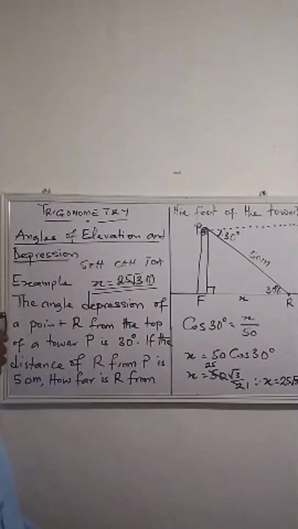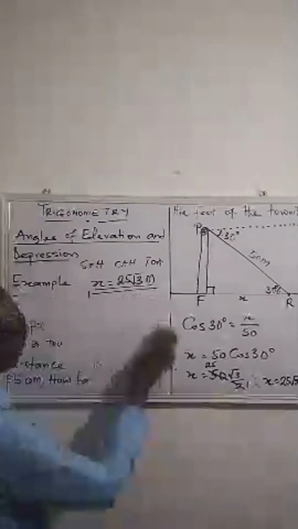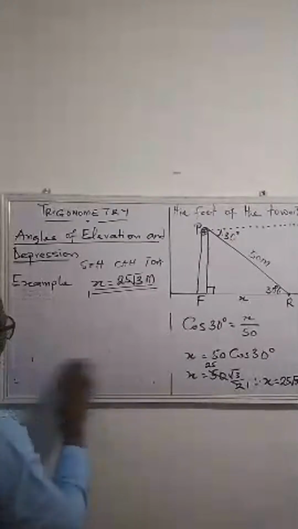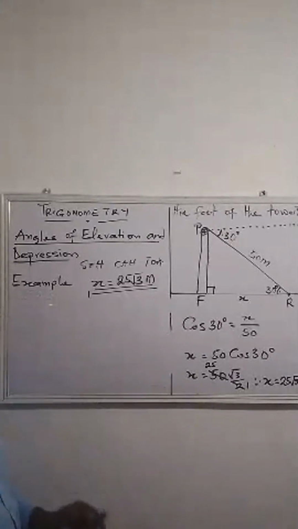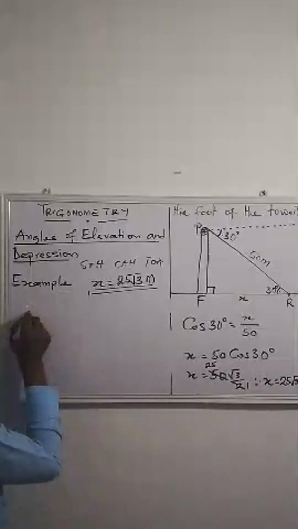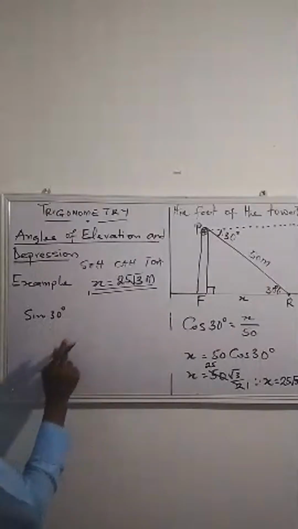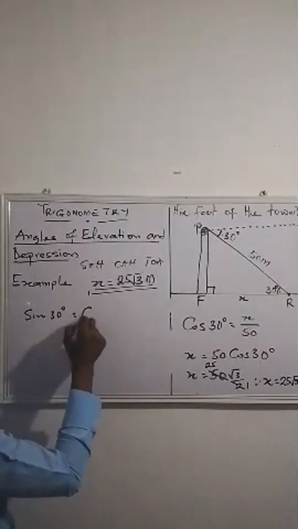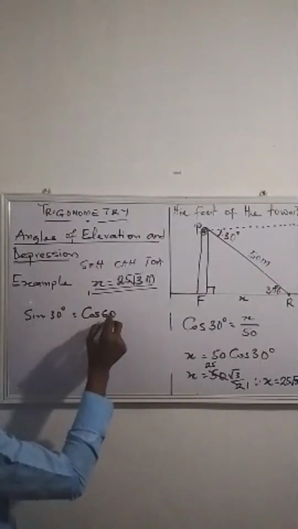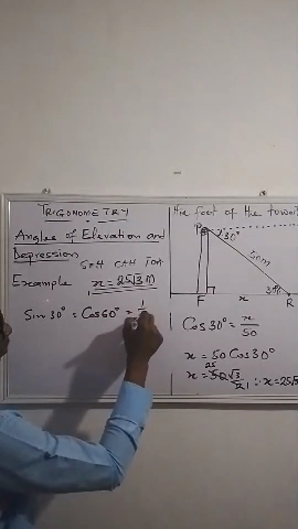Very, very important. Now, if you have forgotten, the special angles are very, very important. Your sine 30 is the same thing as cos 60 degrees, which is the same thing as 1 over 2.